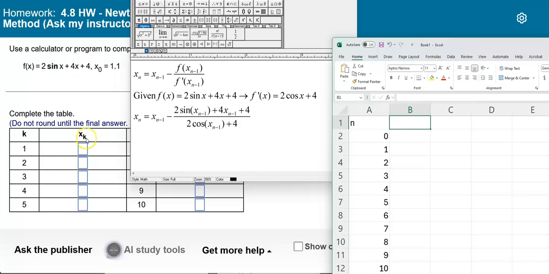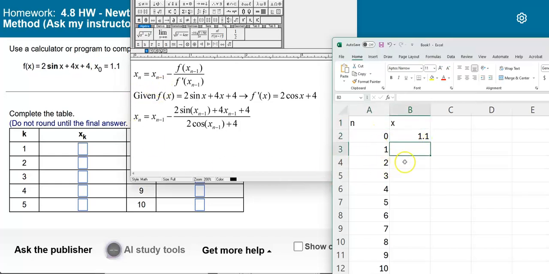And then I have my x value. When the subscript is 0, x is 1.1. This is given to you in the problem. So this is x sub 0, and x sub 0 is 1.1.